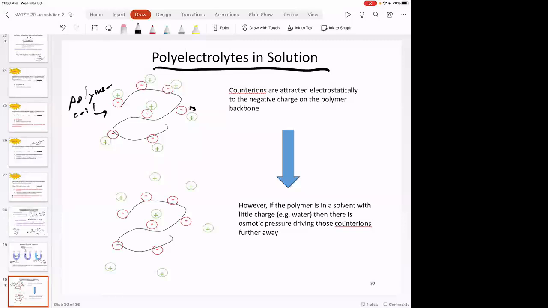And so what happens when we put this in water? Ions dissociate.